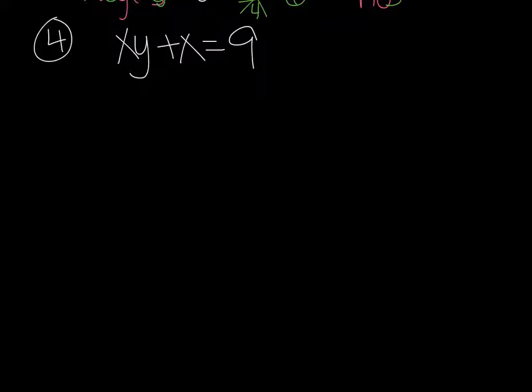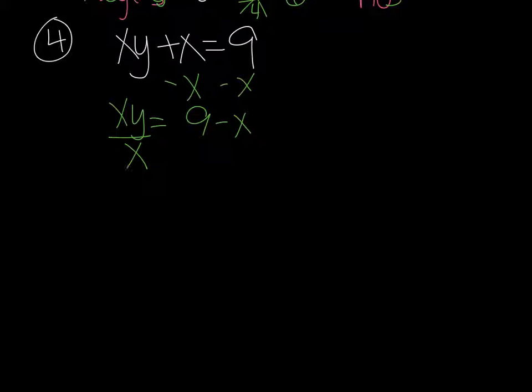So if I want, instead of this saying xy plus x equals 9, I want this to say y equals, what would you have to get rid of first? Right, the plus x. So we're going to subtract x from both sides. So I have xy equals 9 minus x. Okay, and then how would you get rid of the x?